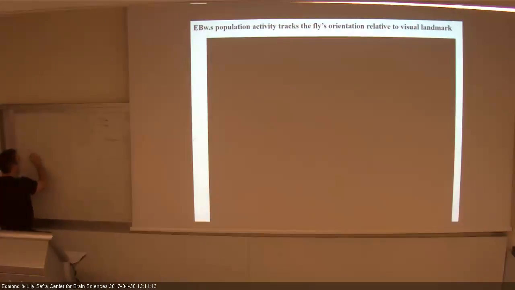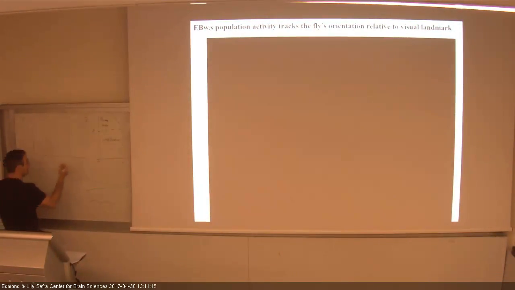So now I'm looking at the population activity. These would be the neurons along the ellipsoid body, and if the animal is presented with a stimulus of one orientation, say this orientation, this is the pattern of activity you see in the network.